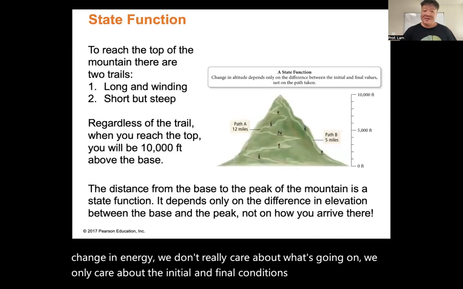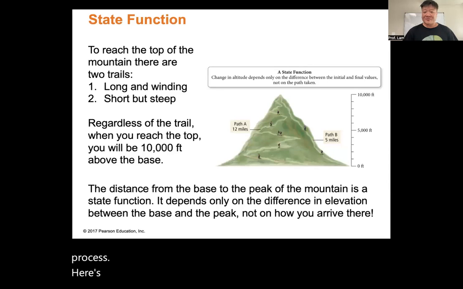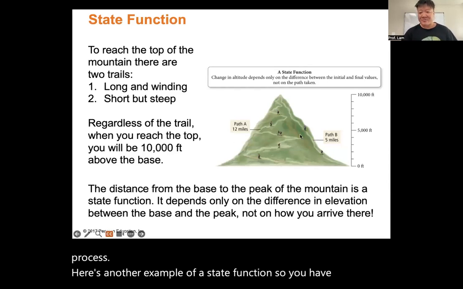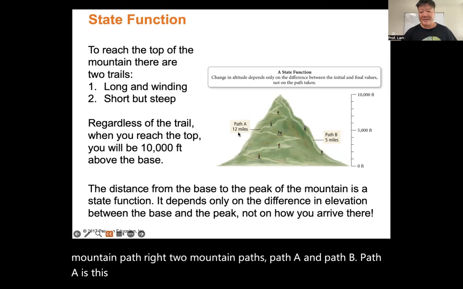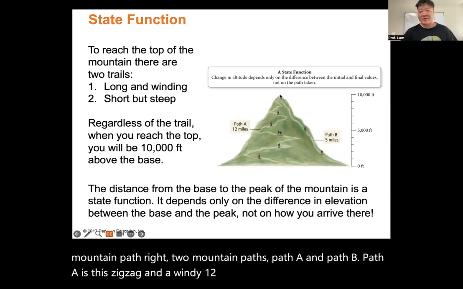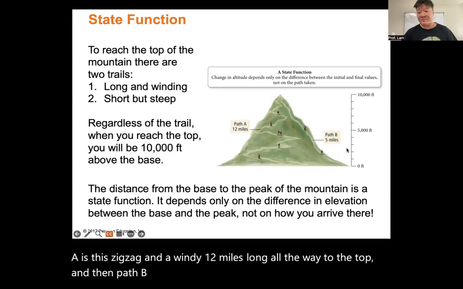Here's another example of a state function. You have two mountain paths, path A and path B. Path A is this zigzag, kind of windy, 12 miles long, all the way to the top. And then path B is very short, like 5 miles, and you just go straight up to the top.